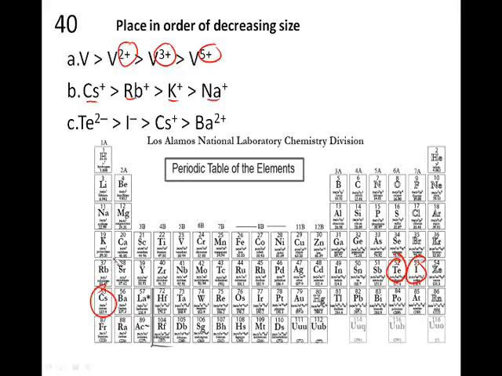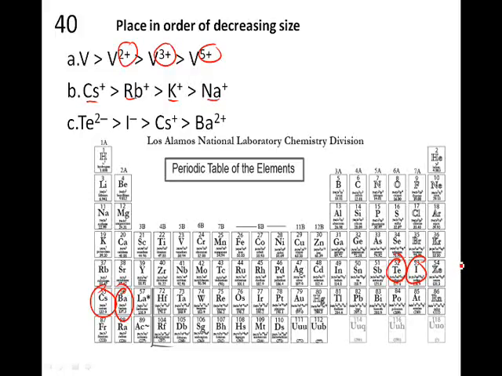And barium. Of course, barium here is going to be smallest because it loses 2 electrons. Cesium is going to be next to the smallest because it only loses 1. So you'll notice that the more electrons that we've added makes tellurium the largest.